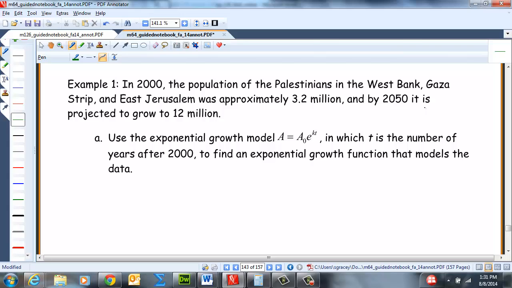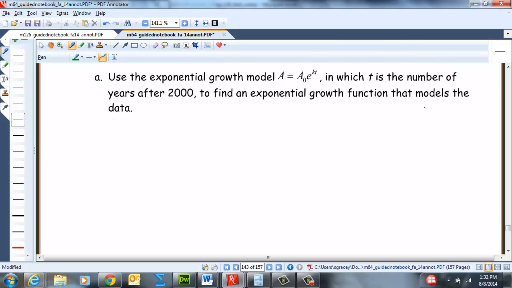So t equal to 0 would be the year 2000. T equal to 10 would be the year 2010. And we're supposed to find an exponential growth function that models the data. So we're not going to write out all the zeros in million. What we're going to do is use the 3.2 and the 12, with the understanding that this result is in millions.